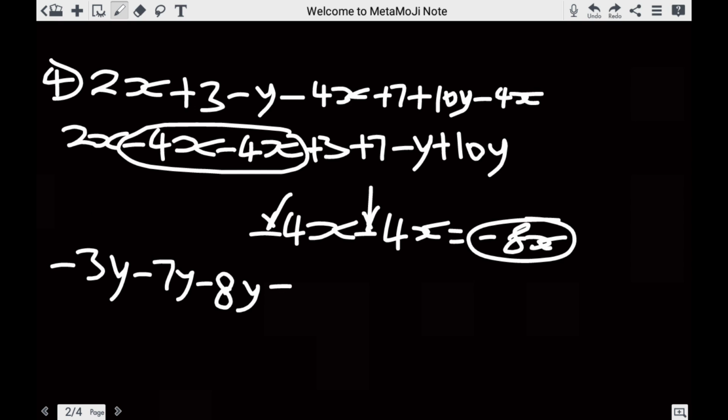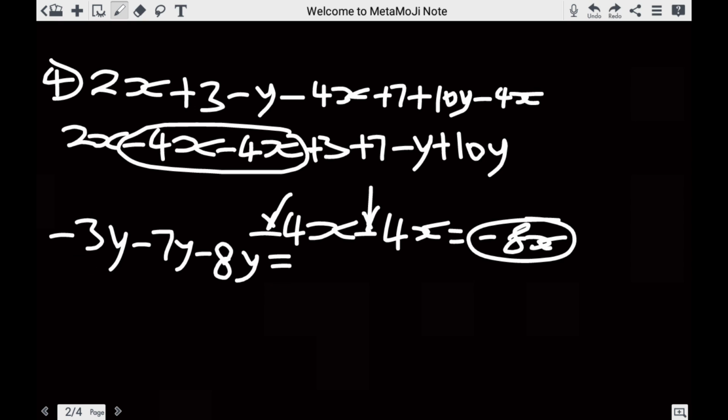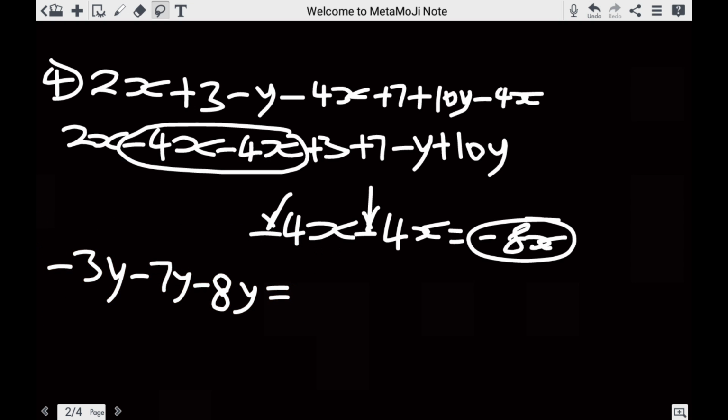Because the signs are the same, you choose one among them, minus, minus, minus, write it down, then add 3 plus 7 plus 8. 3 plus 7 is 10, and 10 plus 8 is 18. Then simply put the y in front of it. So it's minus 18y, and that is the answer. Let me clear these things off.